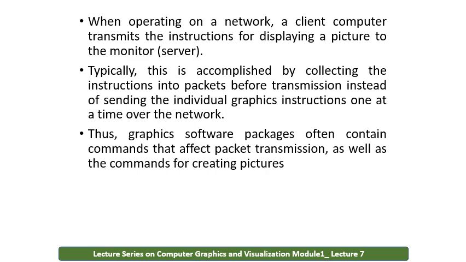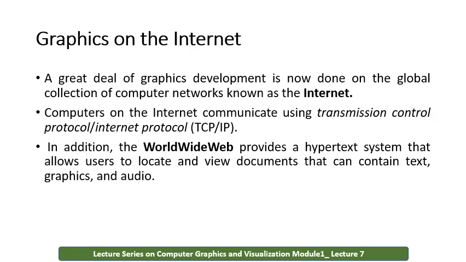Typically this is accomplished by collecting the instructions into packets before transmission, instead of sending the individual graphics instructions one at a time over the network. There are different types of software graphics packages often used for connecting the commands, and that can affect the packet transmission as well as the commands for creating the pictures. So this is how we can use graphics in networks.